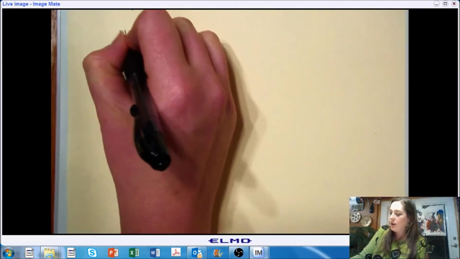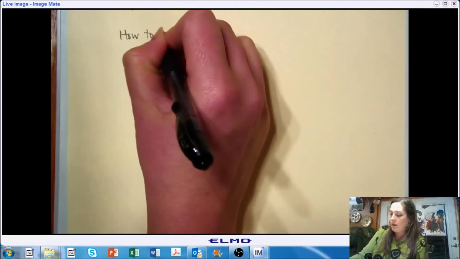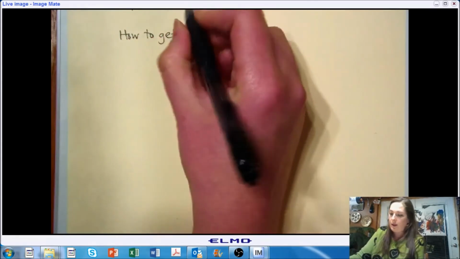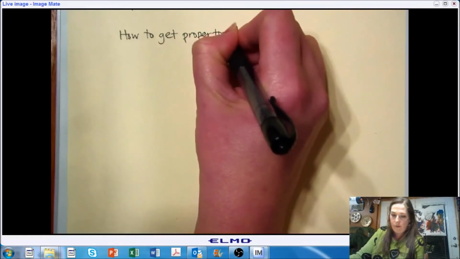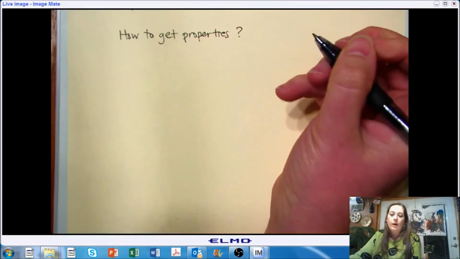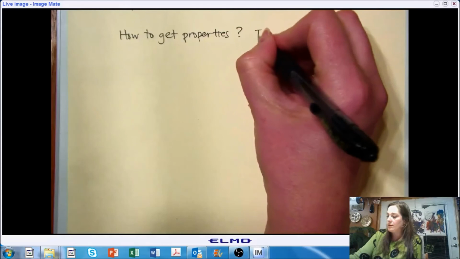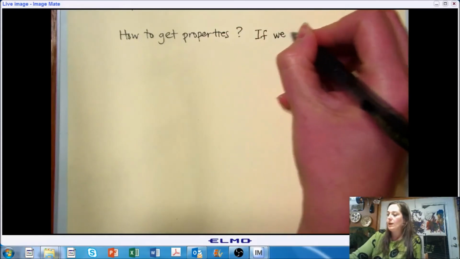So the next question that we have, how do we get these properties? Well, if we know 2 properties, we can get all of the others.